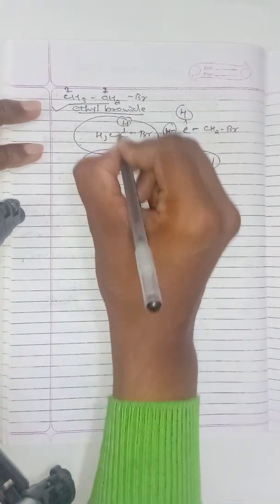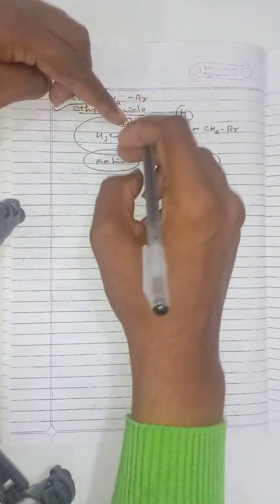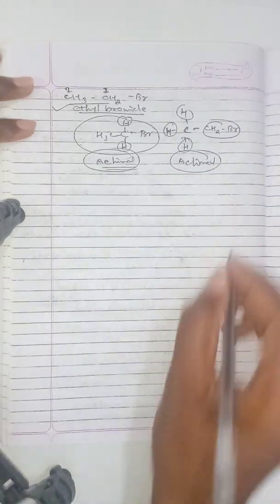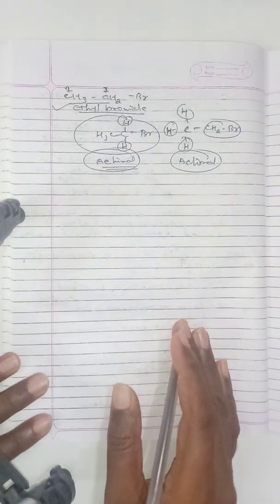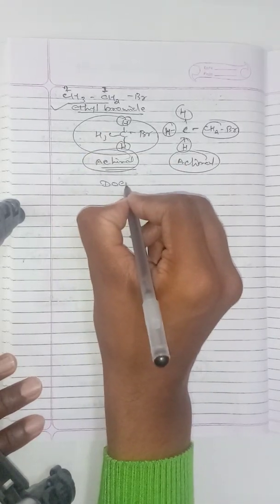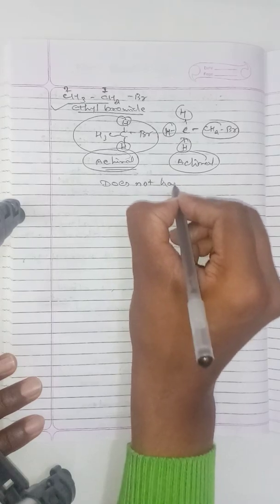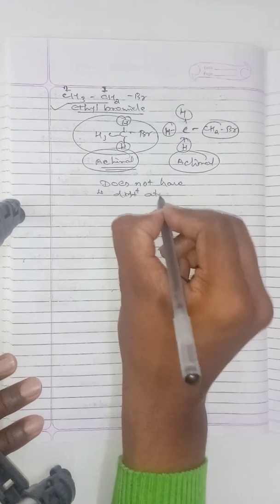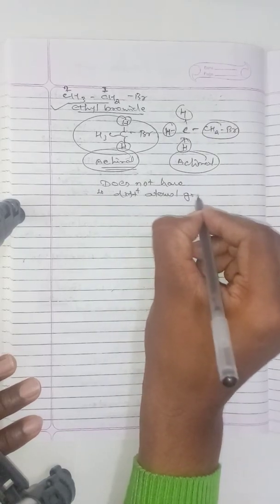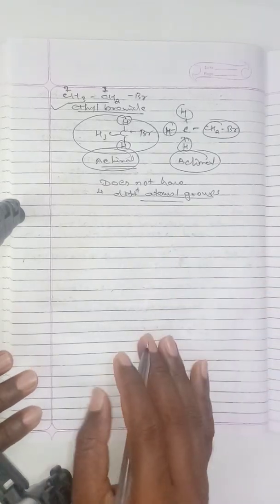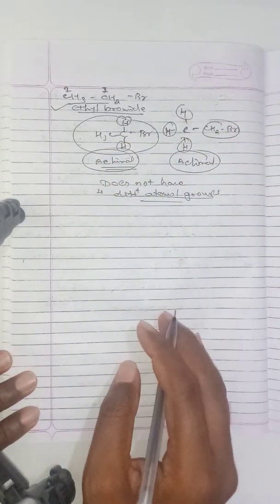Because two hydrogen atoms are the same here, and three hydrogen atoms are the same there, it does not have four different atoms or groups, so it is achiral.